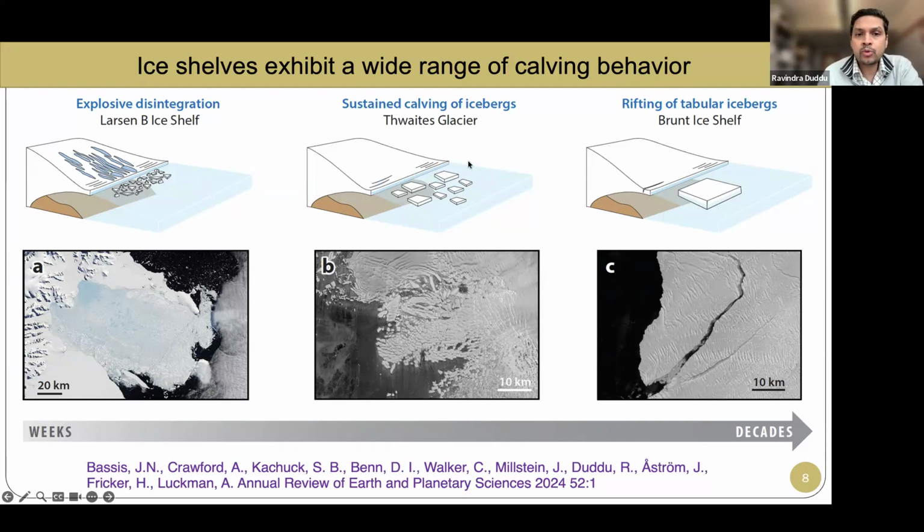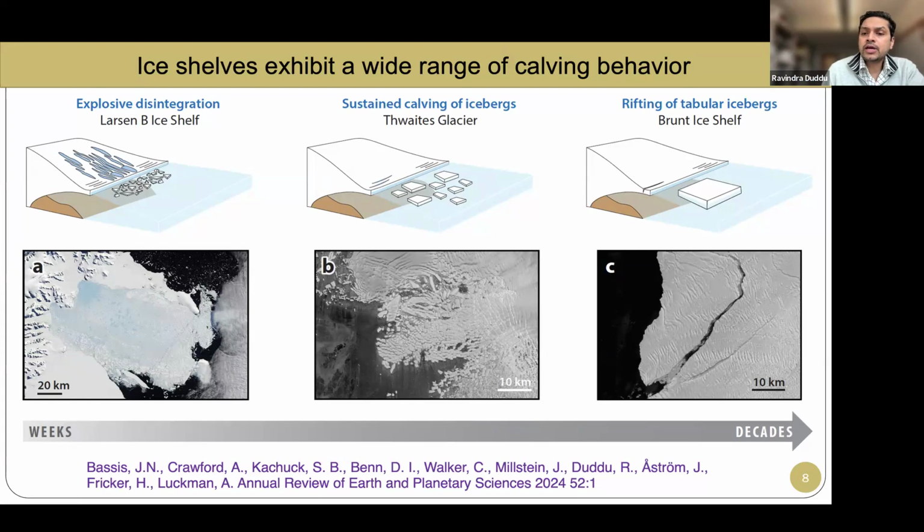Whereas if you look at Thwaites Glacier, what it seems to describe is small icebergs calving on regular basis. So you have, or maybe a large iceberg then breaking up into smaller icebergs, but eventually there is some sort of a sustained calving happening.